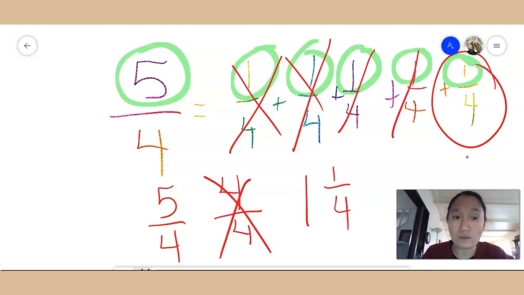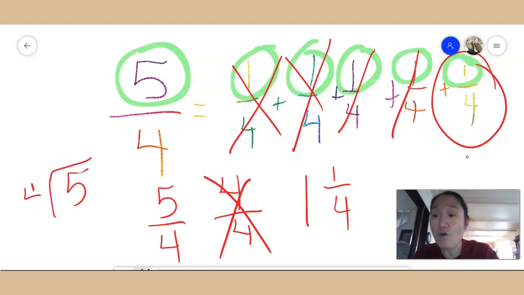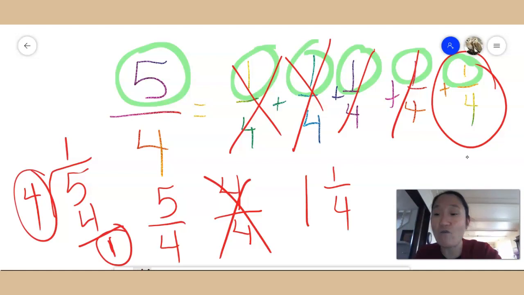We take out the whole part. We take out the 4/4. How many 4/4 can I take out of there? So oftentimes you could turn this into a division problem of 5 divided by 4. Well, I can take one group, and that leaves me 4 with a remainder of 1, and I put that remainder of 1 over the top of my 4, and that becomes 1 1/4.